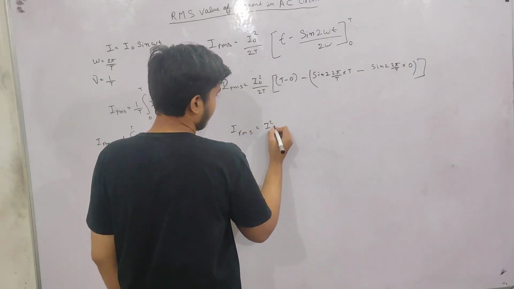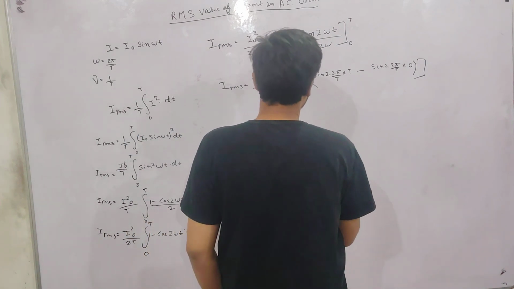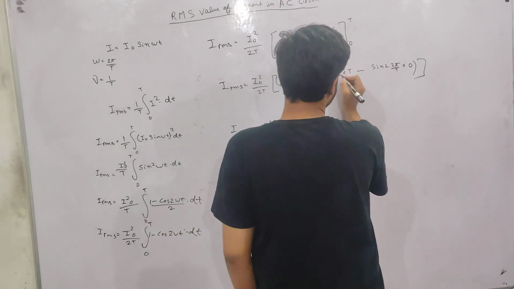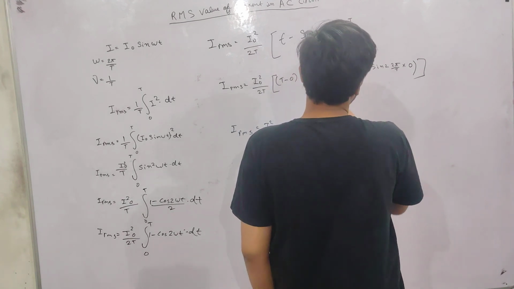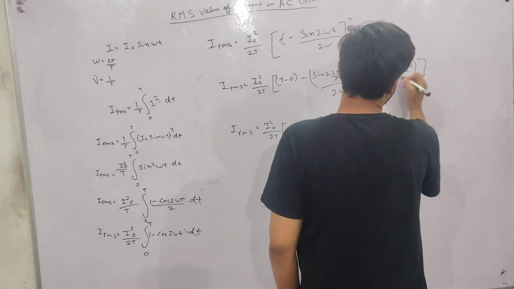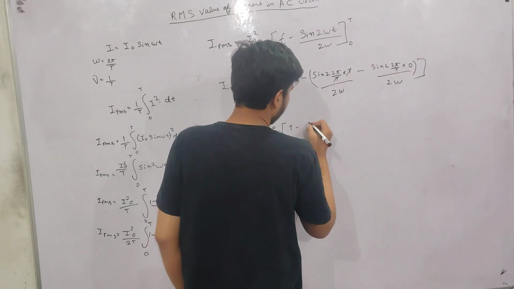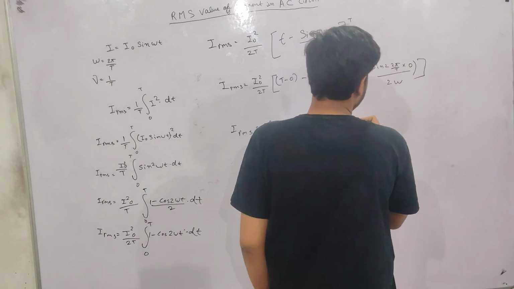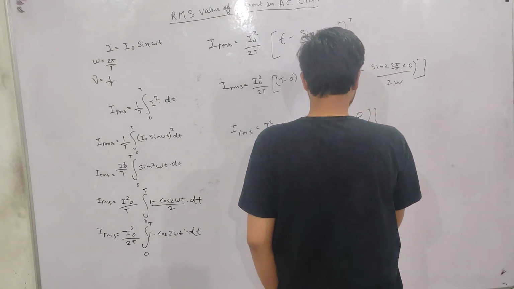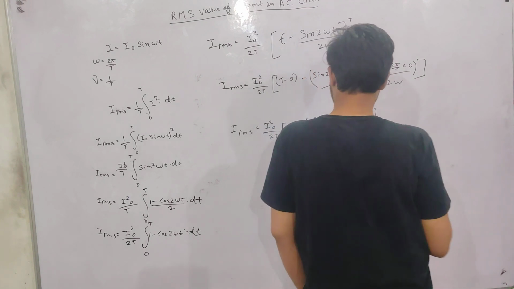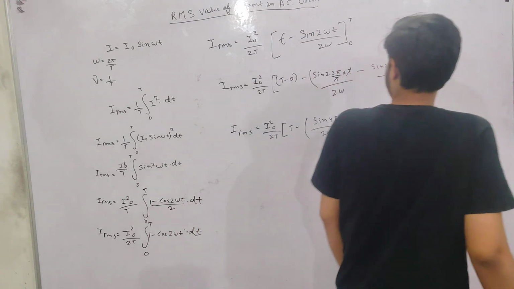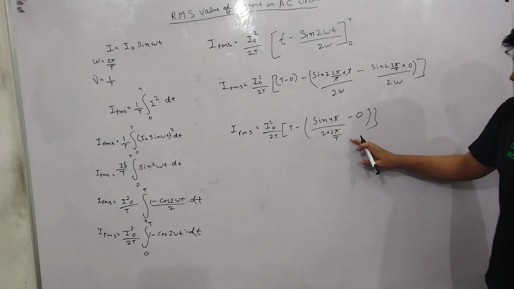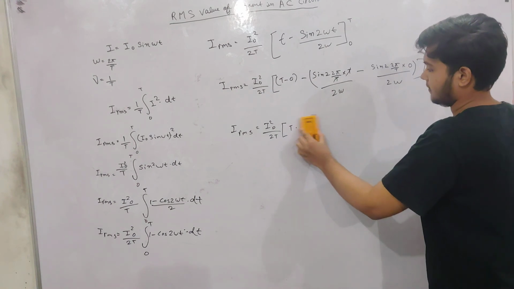I RMS equals I naught square by 2T, T minus 0, T minus sin 2 pi by 2 omega. Sin n pi is 0, so the whole term becomes 0.